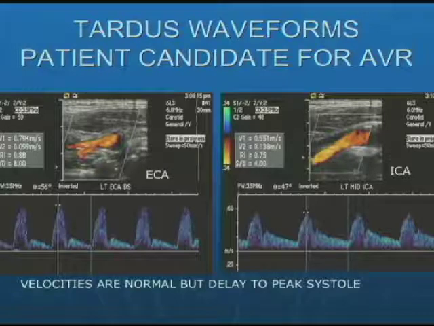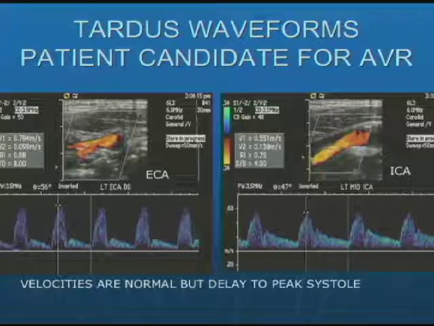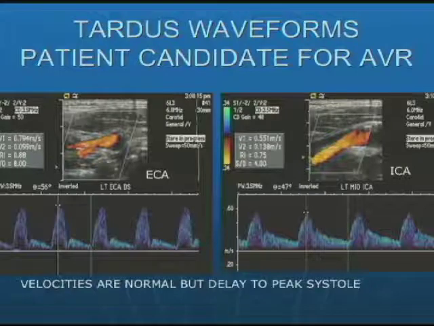Here is an example of a patient who has tardus parvus waveforms in the external carotid artery and in the internal carotid artery. As you see here, the velocities are normal, but there is a delay to peak systole. It's like someone's blowing this waveform over.